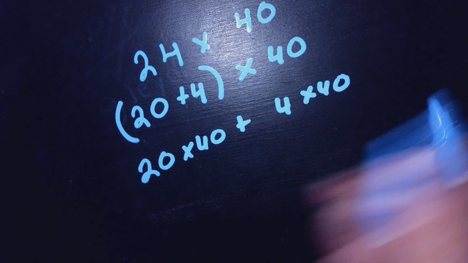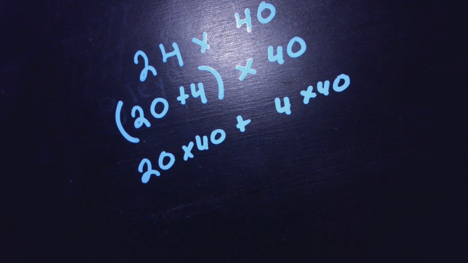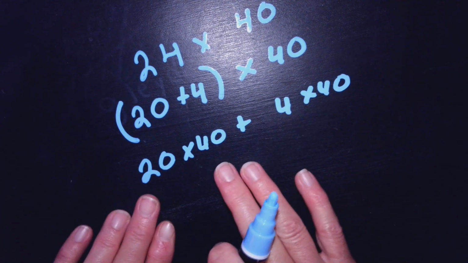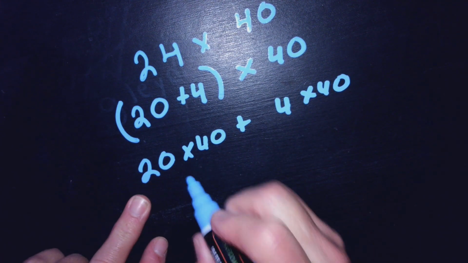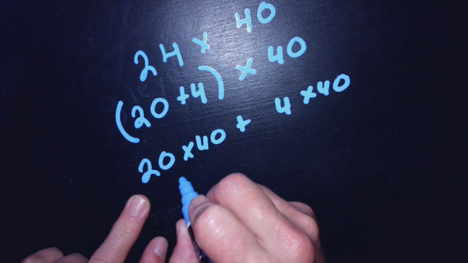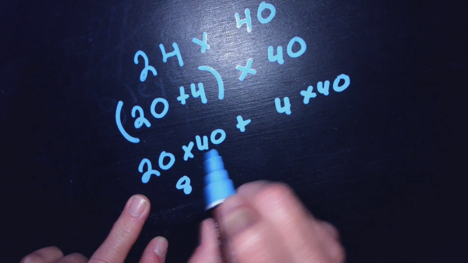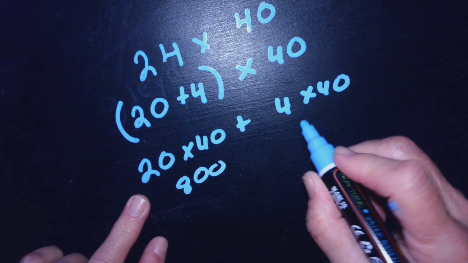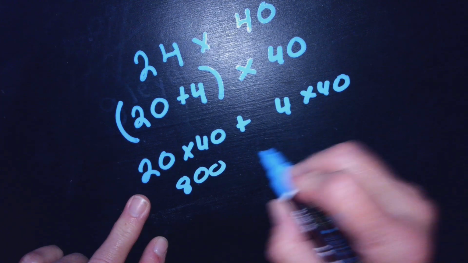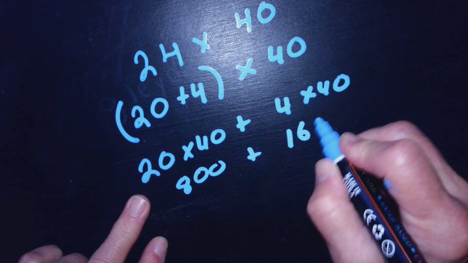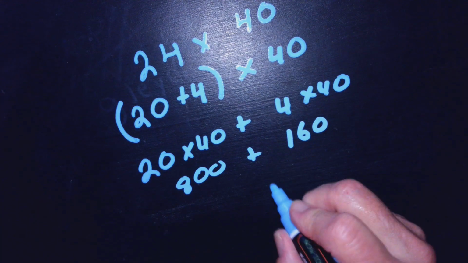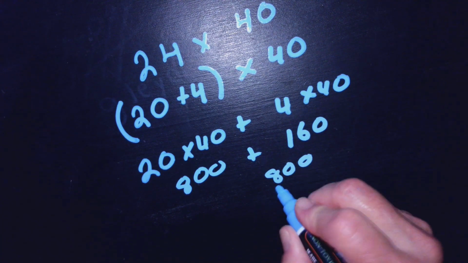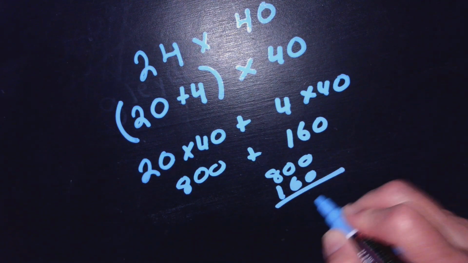But we wrote it out in words. Notice I'm not writing it out in words this time. If I multiply 20 times 40, that's going to be 8 with 2 zeros. And if I multiply 4 times 40, that's going to be 16 with 1 zero. And then at the end, remember, we just added them together.